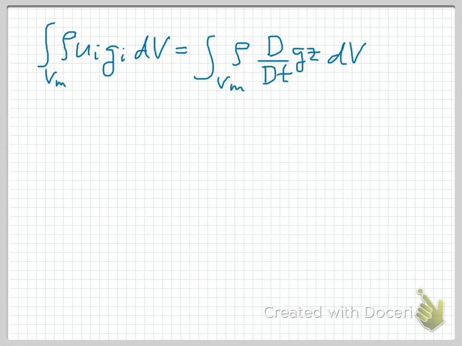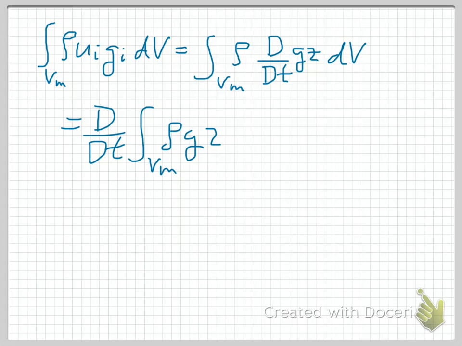And now we are once again in that nice situation of wanting to take a volume integral of rho times something, and using the Leibniz rule in combination with mass conservation, we can write this as d by dt of the integral over our fluid parcel of, guess what, rho g z dV.